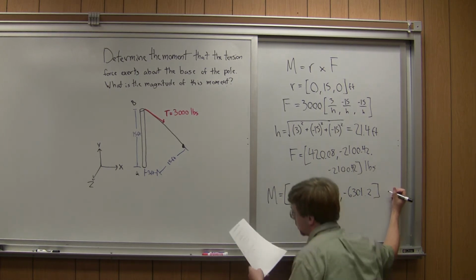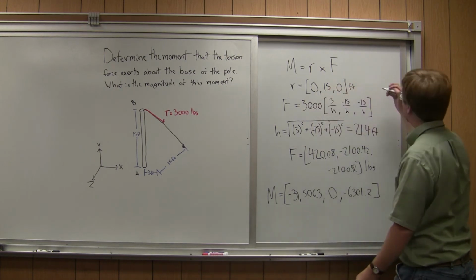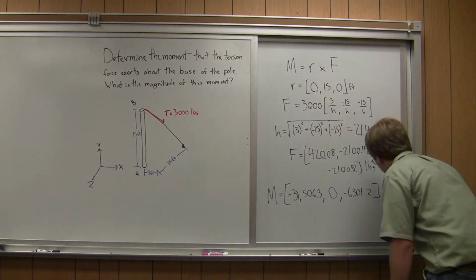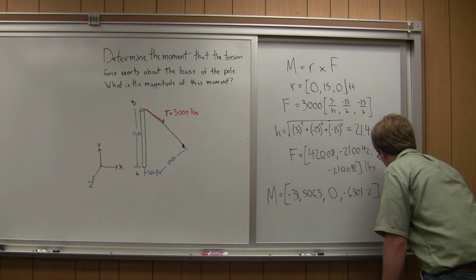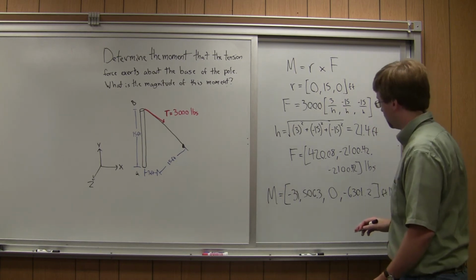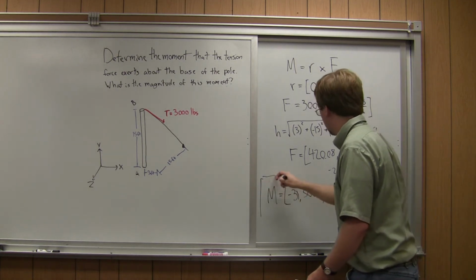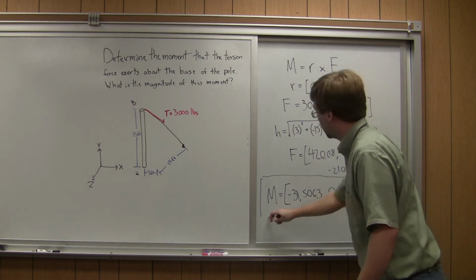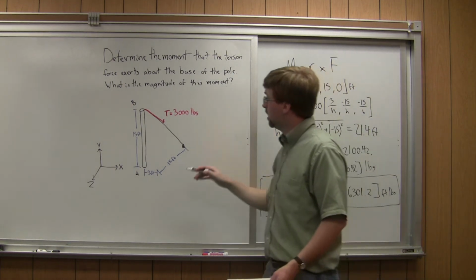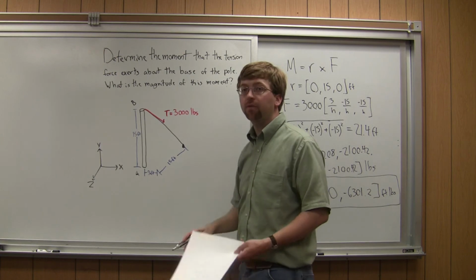And the units are going to be, since we had feet and pounds, foot-pounds of torque. So this right here is the moment vector that the tension force exerts about point A.